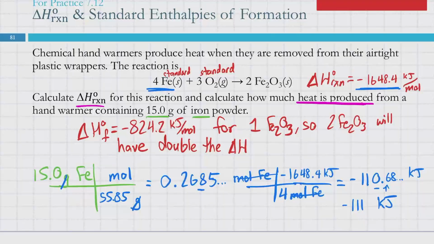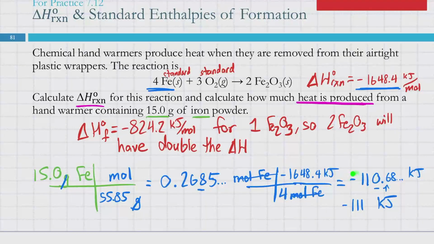And depending on who you ask, this is wrong. We didn't do the calculations wrong. What little detail could make this wrong? Doesn't need to be per mole. We accounted for the per mole bit. So the question asks for heat is produced.